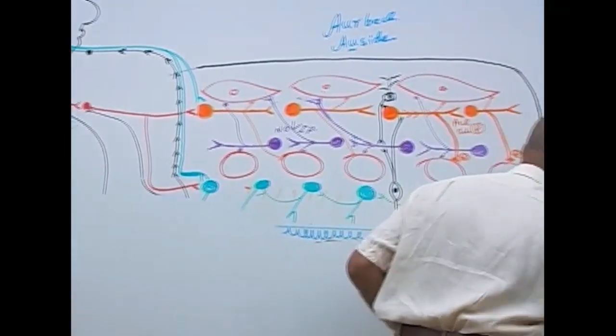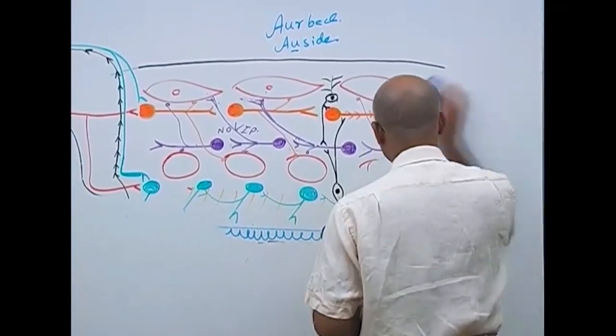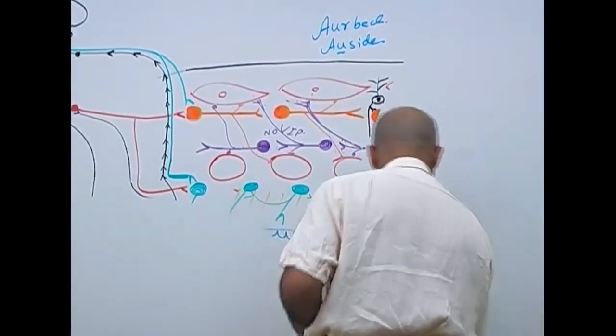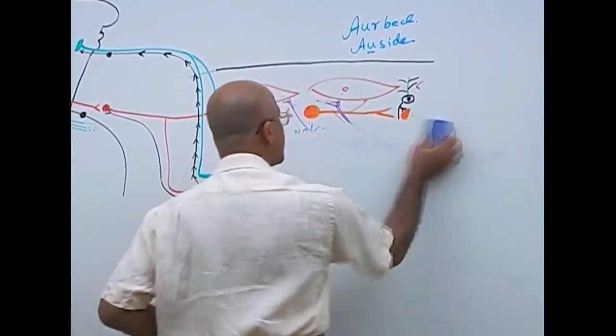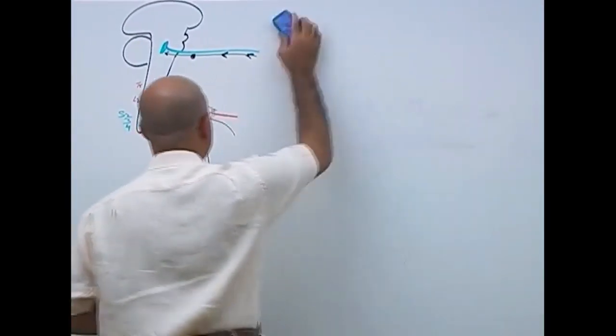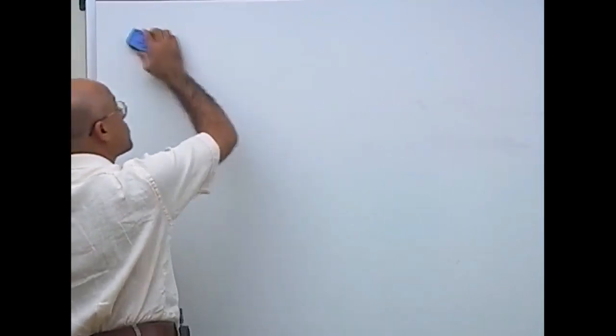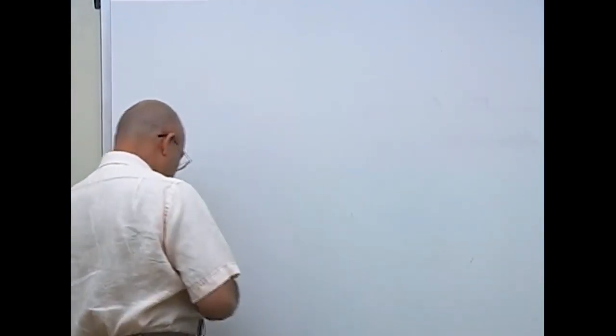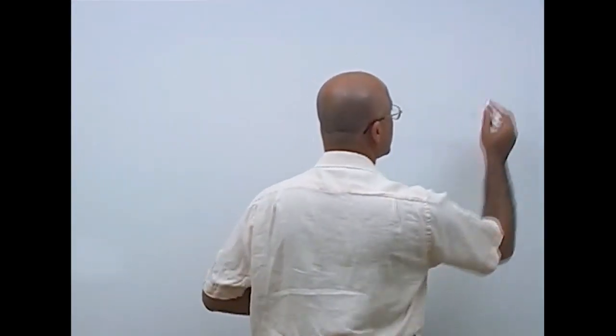Now, there are basically three types of neuronal reflexes related with the gastrointestinal system, right? And of course, let me draw a diagram and explain it well. Let's suppose that here is your gastrointestinal system.